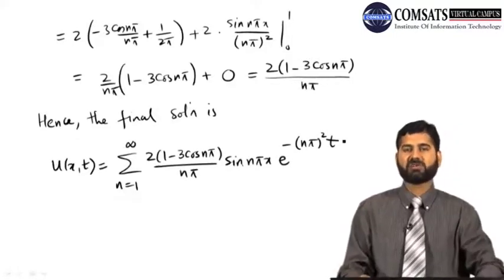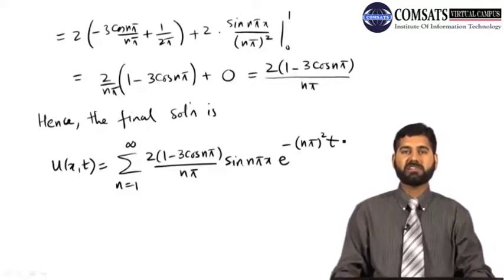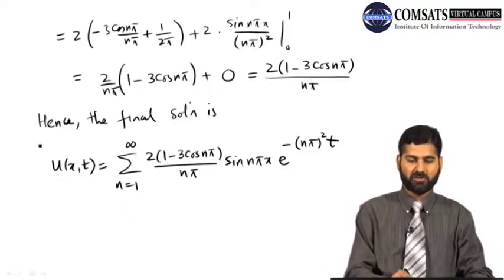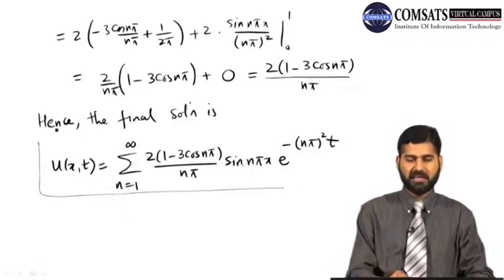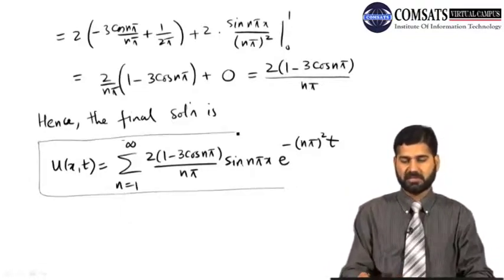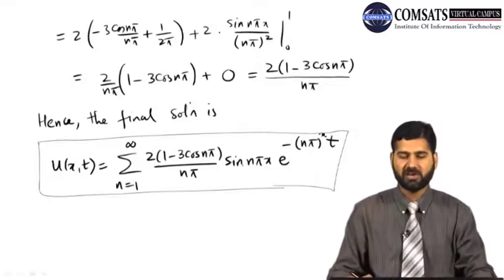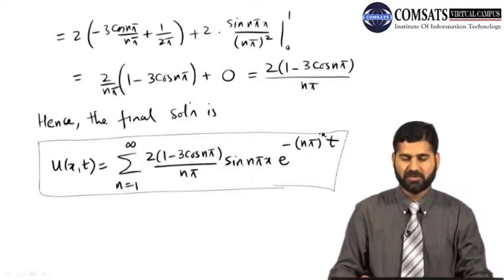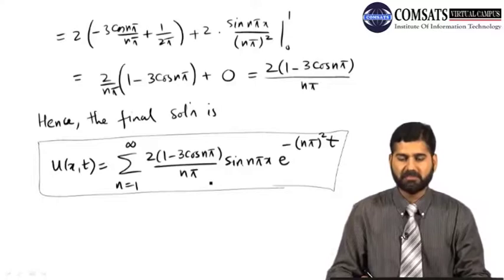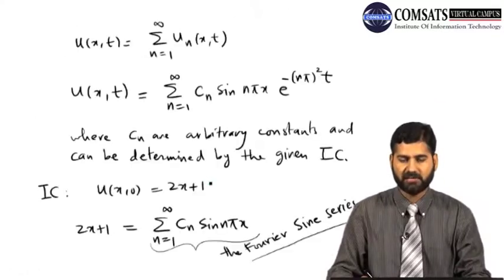So this is the final solution of our given partial differential equation with the given boundary and initial conditions. So this is what we get at the end. It's a little lengthy process, the method of separation of variables, but it gives you a precise, exact solution of the differential equation, which is very good. Alright? So this is what you got. So step by step, let's recall it again.